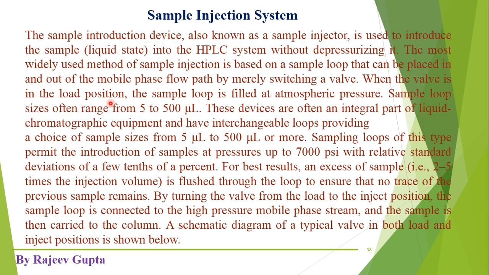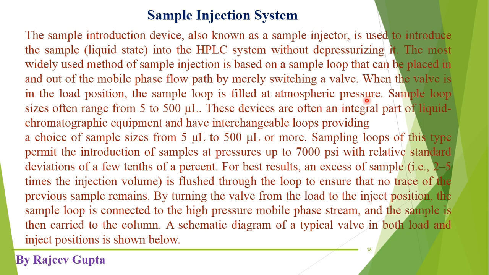When the valve is in the load position, the sample loop is filled at atmospheric pressure. When our sample loop is in this loading position and we inject our sample, it is injected into the loop at atmospheric pressure.